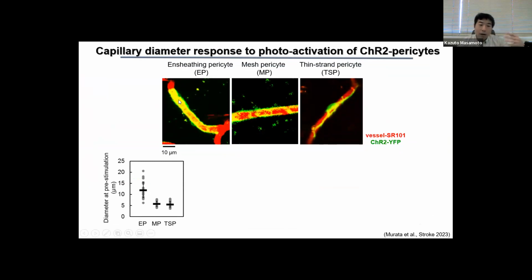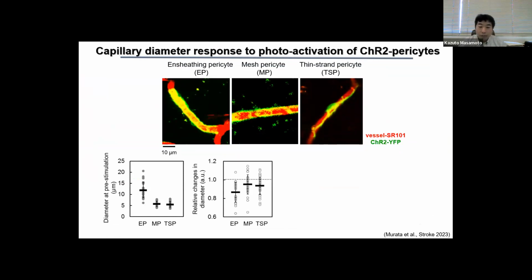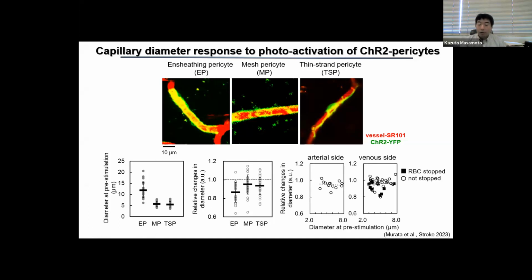The ancestral is more on the arterial side, so the diameter is higher, but mesh and syncytial are smaller capillaries on the venous side. If you stimulate using optogenetics, the ancestral is highly constricted, 10%, and the others are almost 5% each. But how about blood flow?